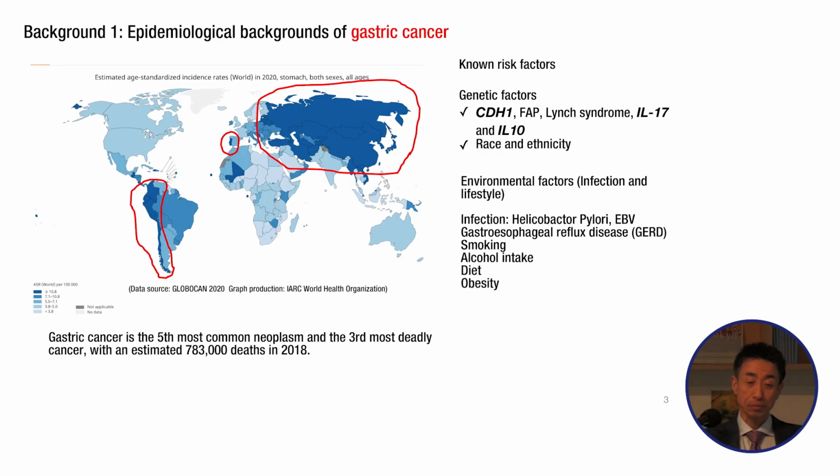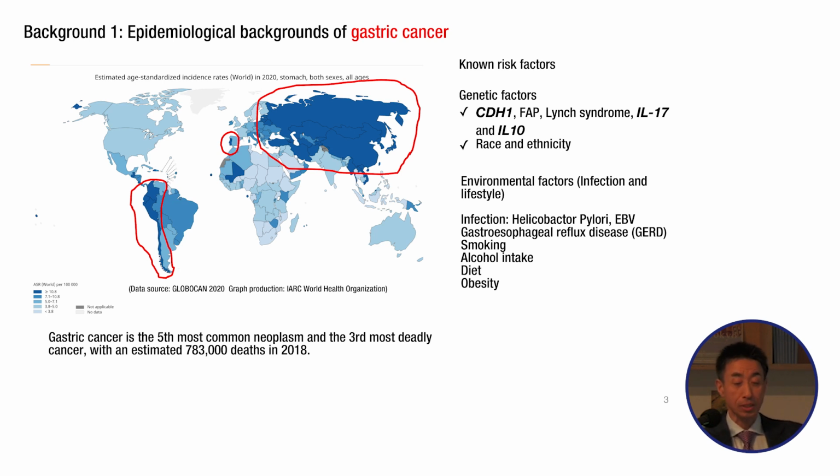First of all, I will talk about gastric cancers. Dr. Kuama said that gastric cancer is more frequent in East Asia compared to Western countries, including the US. This picture shows the frequency of gastric cancer around the world. As you see, East Asia, including Japan, China, Korea, and some other Asian countries, has a very high frequency of gastric cancers.